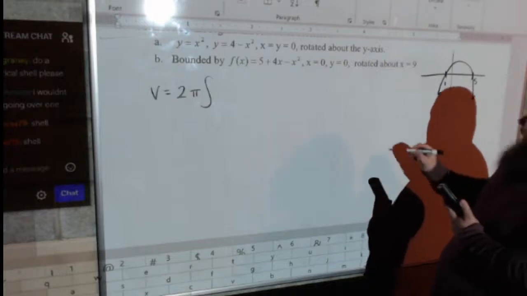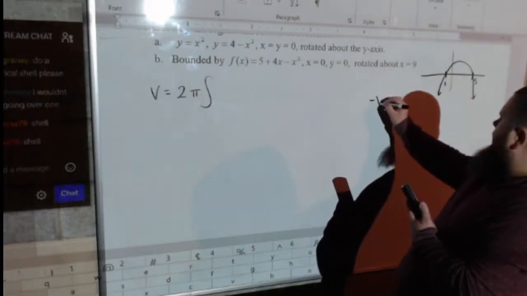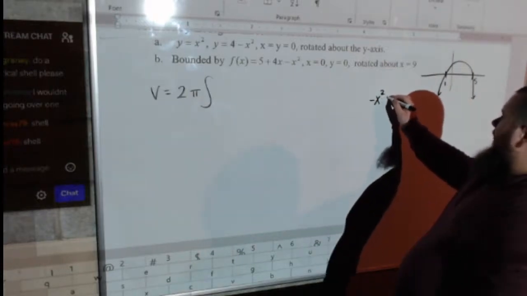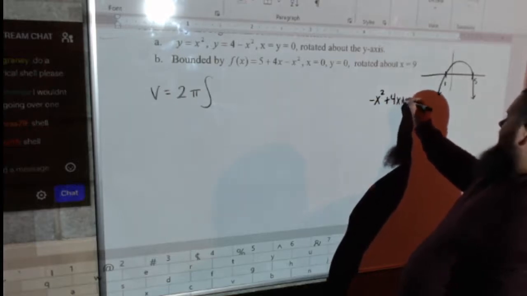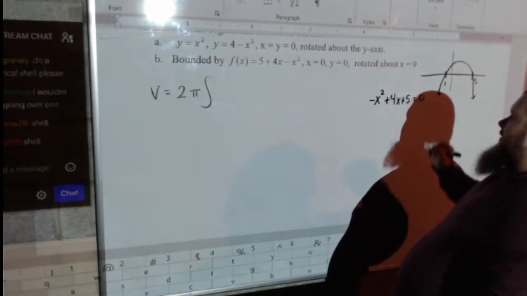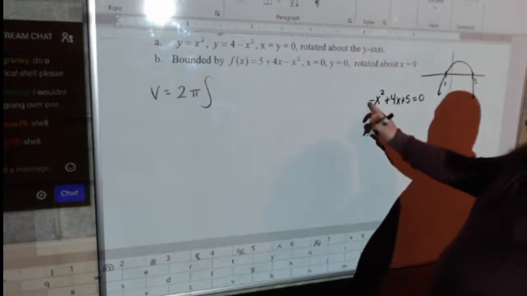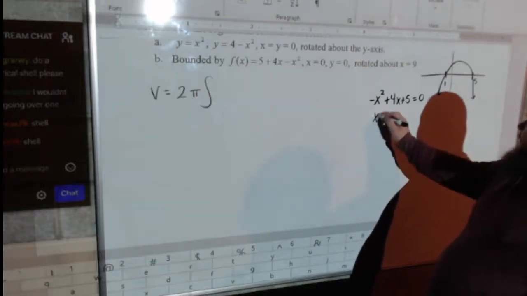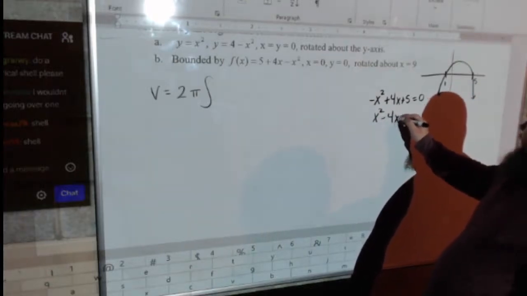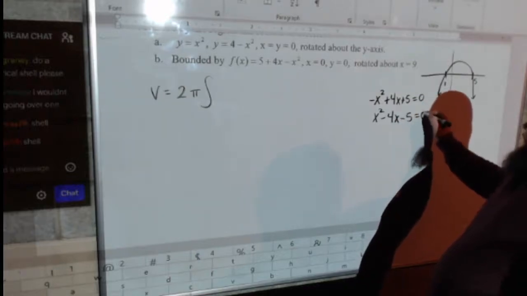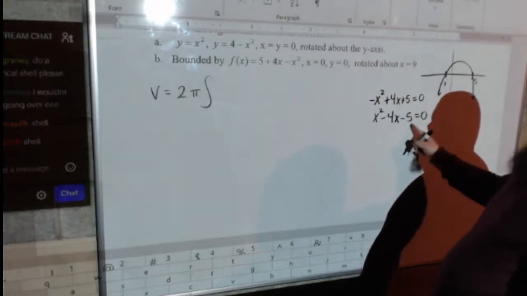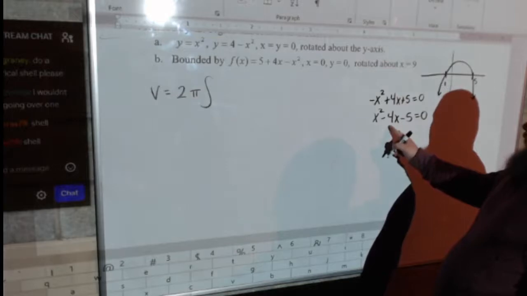So we would take the minus x squared plus 4x plus 5 set to 0. I could multiply through by a negative first off. Looking for two numbers that multiply to negative 5 and add to negative 4.